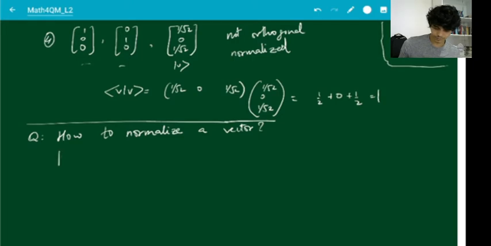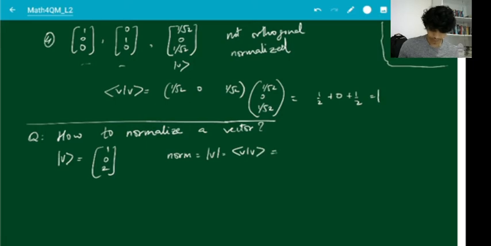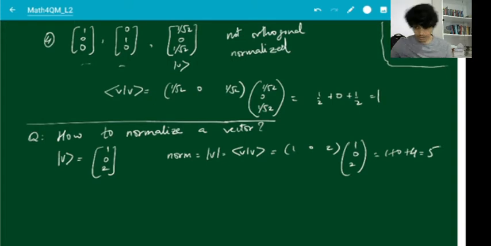If I give you some vector, let us call it 1 0 2, and I say normalize it, first you find out the length of this vector. So its norm is the inner product of v with itself, bra 1 0 2 ket 1 0 2, which is 1 plus 0 plus 4, which is 5. I should take the square root.